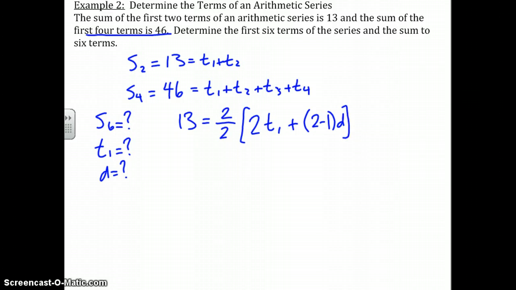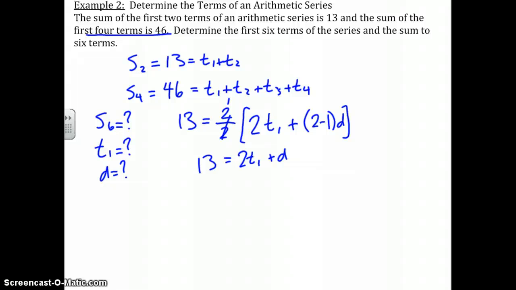We can simplify that to 13 equals 2T1 plus 1D. Okay, so that is an equation, but it has two unknowns in it.